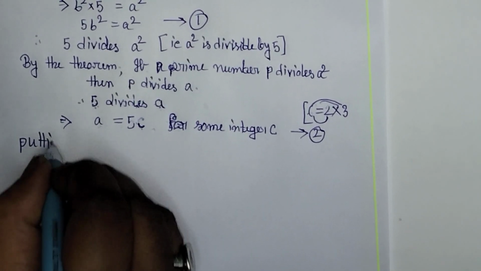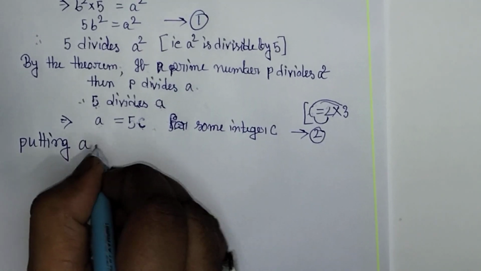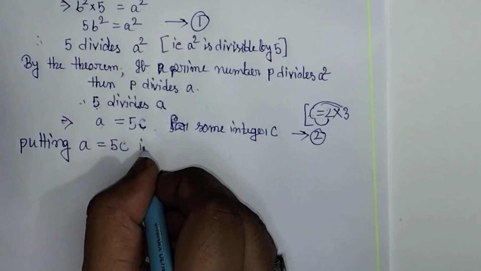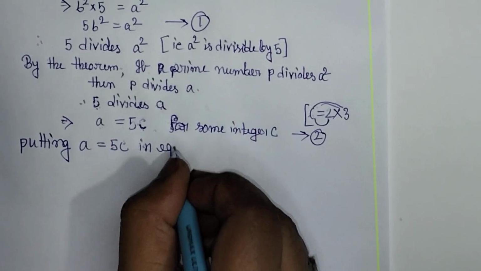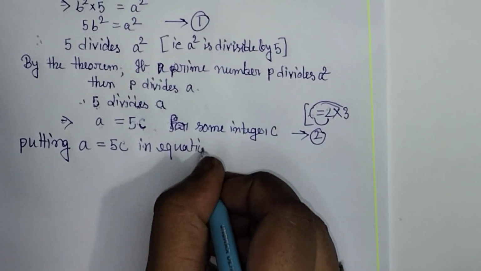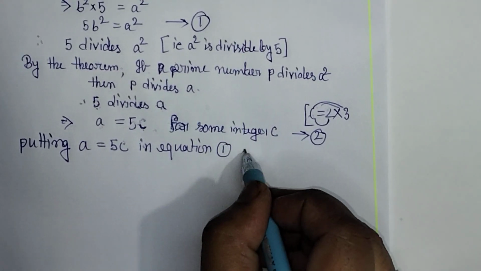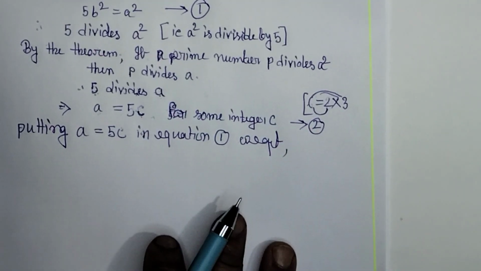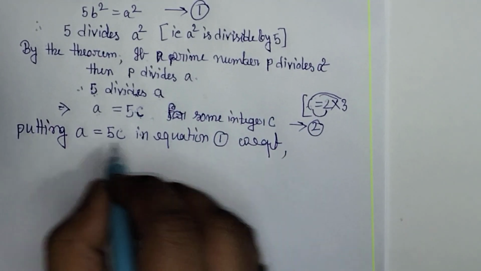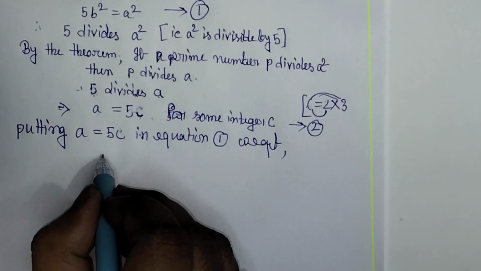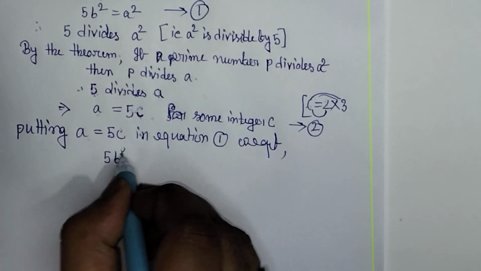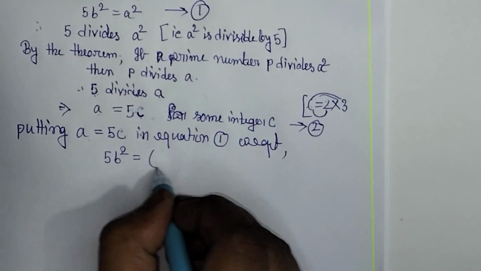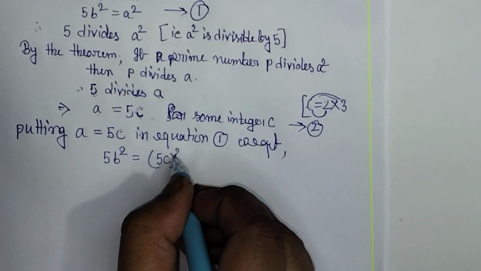Putting A equal to 5C in equation 1, we get 5B square equals 5C whole square.